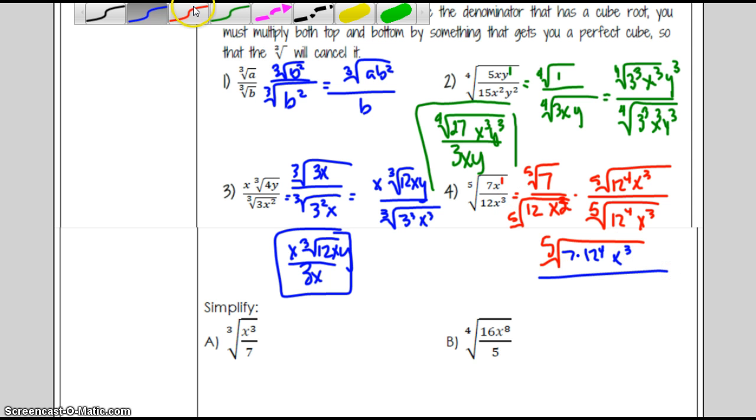There we go. Okay, and on the bottom we have the 5th root of 12 to the 5th and x to the 5th. So the only thing that we've got here on the bottom, we know it's just going to be a 12x because we can pull those out since they're both to the 5th root. And on the bottom here, going to simplify that, if we multiply those and then try doing the 5th root, we can actually do a little simplifying there.